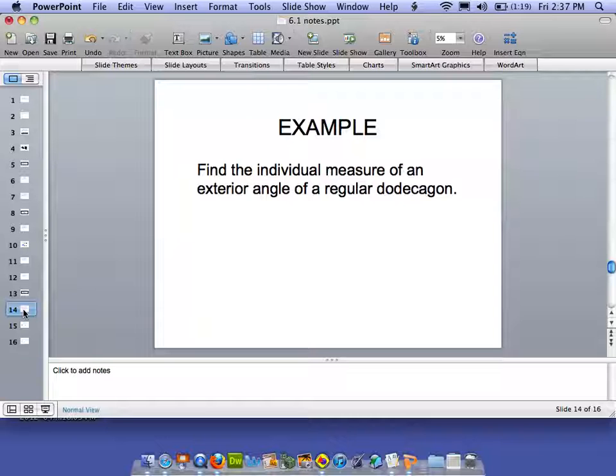So if I'm looking to find the individual measure of an exterior angle of a regular dodecagon, what I'm going to say is dodecagon is 12. That's a 12-sided regular polygon. So if they all add up to 360, and I divide by the fact that there are 12 of them, then each one must be 30 degrees.